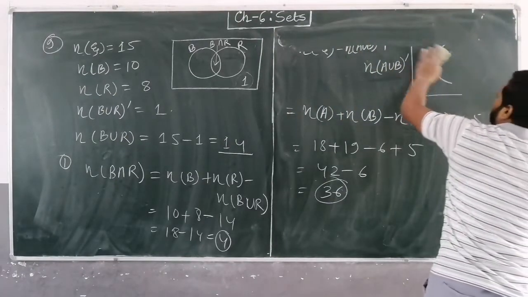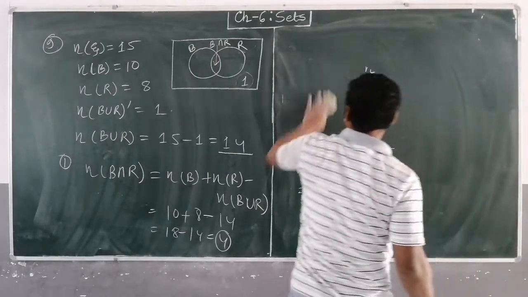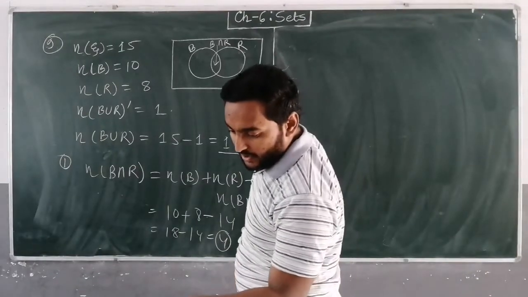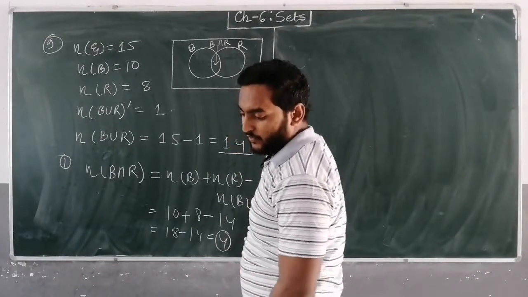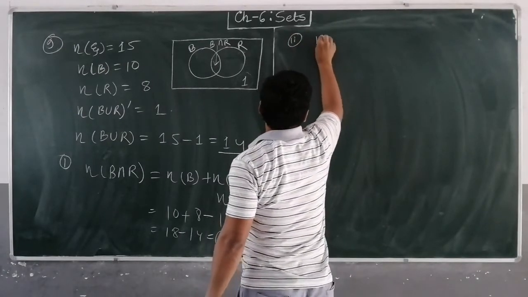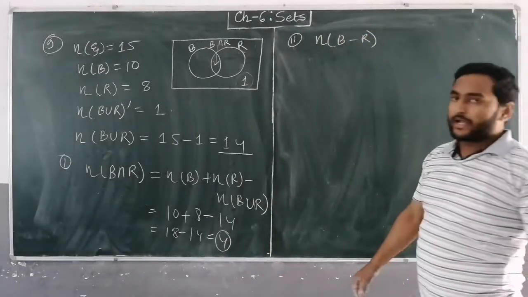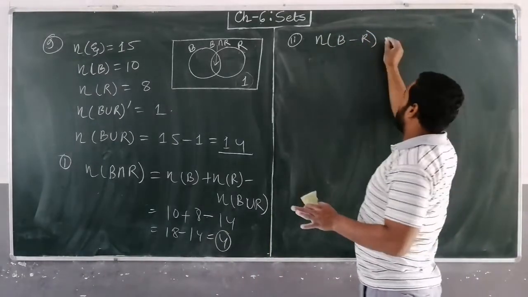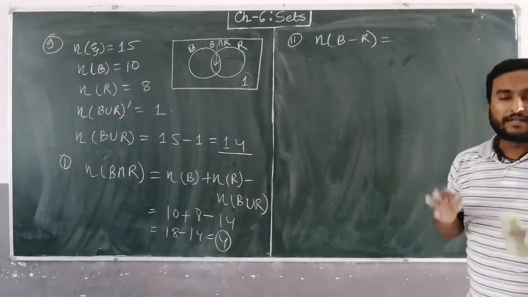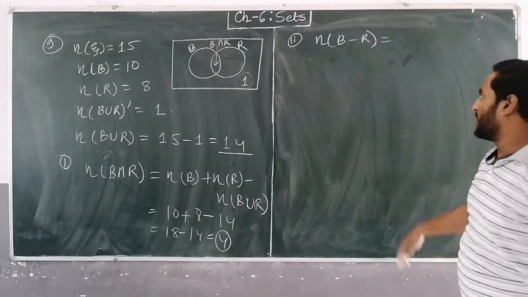Now come to the second part. See the question very carefully. You have to find the number of girls who are buying only bangles. Only bangles means cardinality of B minus R. The relation is cardinality of A minus B equals cardinality of A minus cardinality of A intersection B, which we have already derived.